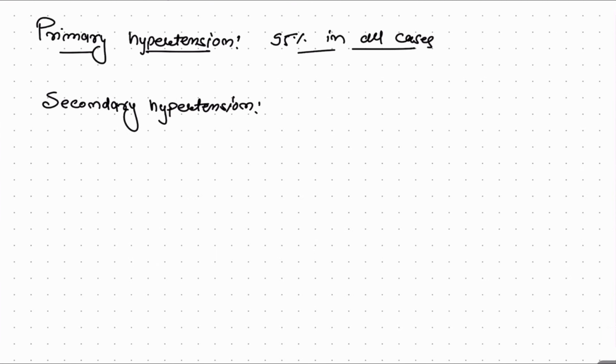so we'll write renal causes. Okay, what are the renal causes? Acute glomerulonephritis. This is a bacterial infection which causes hypertension.